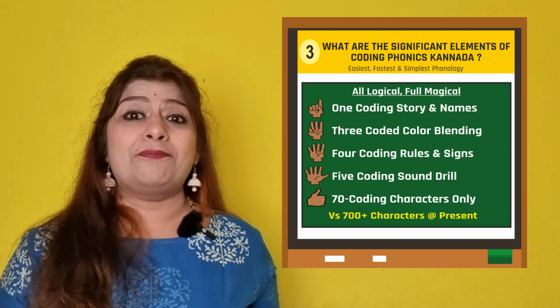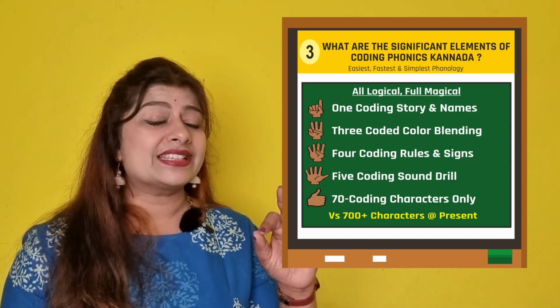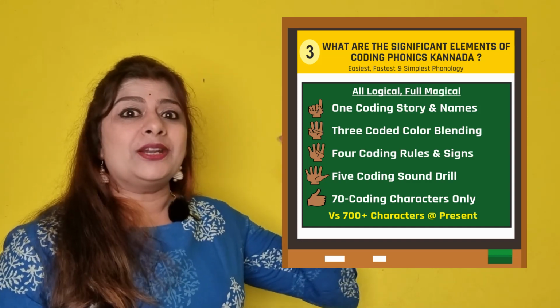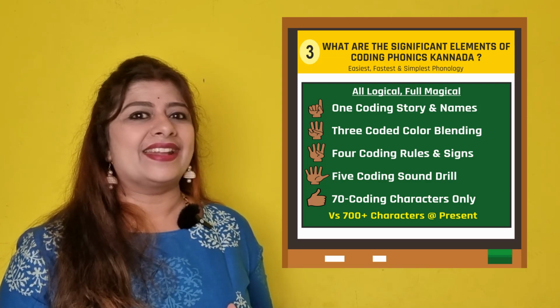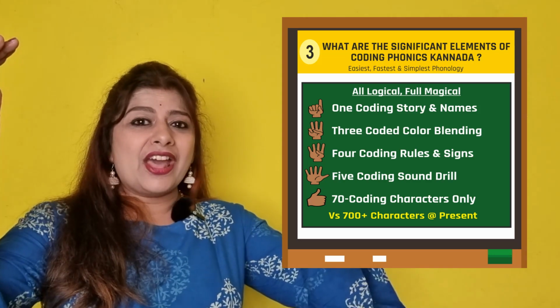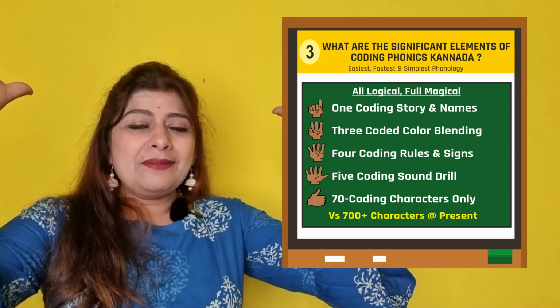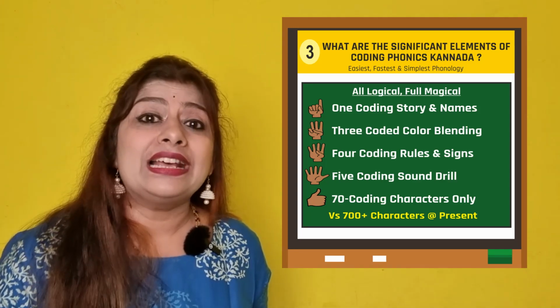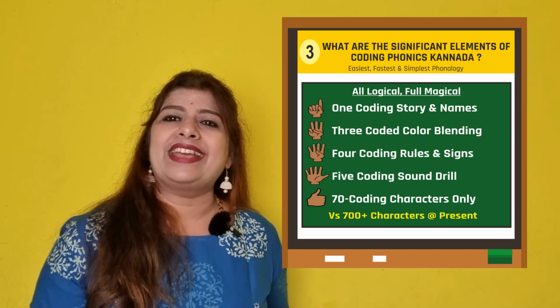Learning 70 plus characters, wherein we discussed how children are confused writing 700 plus characters in Kannada, right? So now we have made it very simple and effective, where the child will learn only 70 characters.